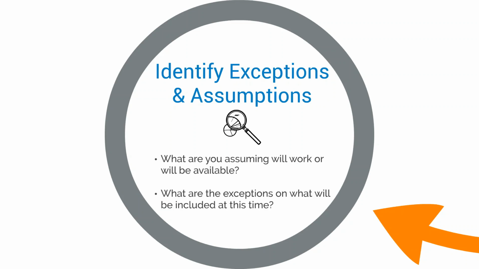So whether that's something that you're building internally or whether that's something that you're having professional services help you to build, it's important to outline those so that everybody is aware of the things that are assumptions or things that are not included as part of this project versus things that are.